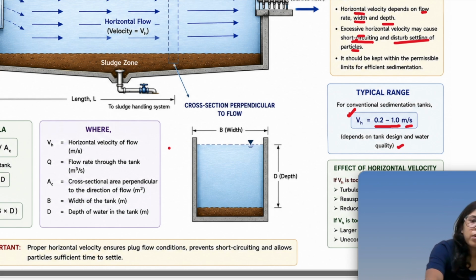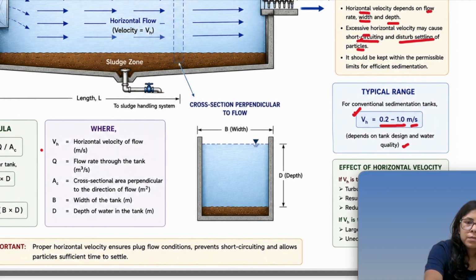Now the formula for horizontal velocity is VH is equal to Q upon Ac, where Ac is the cross sectional area.